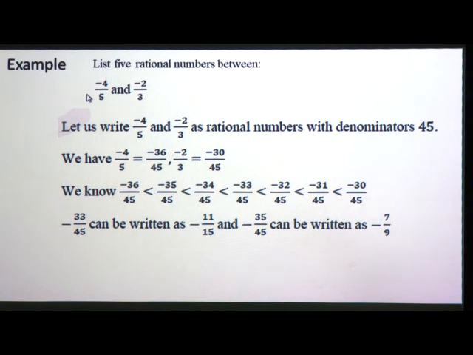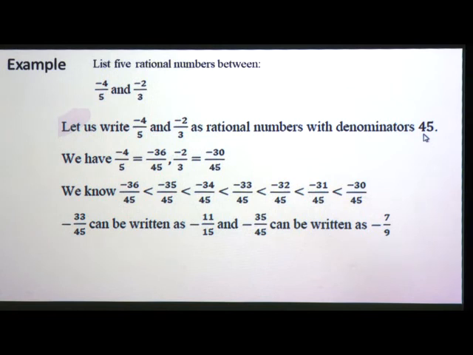Again we will have some examples. List 5 rational numbers between minus 4 upon 5 and minus 2 upon 3. Let us write minus 4 upon 5 and minus 2 upon 3 as rational numbers with denominator 45. As I told first, you have to consider your own number.